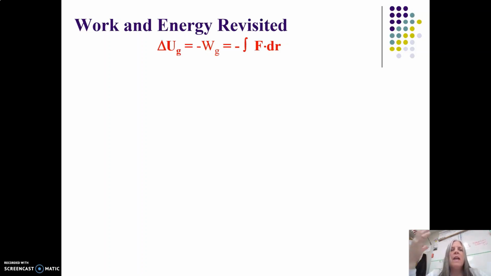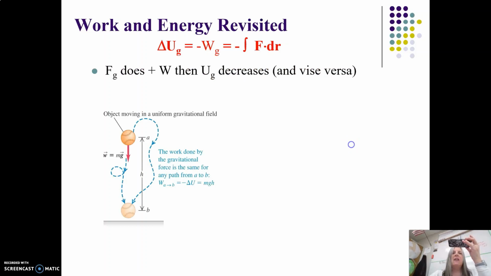mechanics. When work is done by the force of gravity, for example, I'm going to take my phone and I'm going to raise it. As I raise my phone from one height to another, I have to do work, because the work done by the force of gravity is negative when I increase the potential energy.